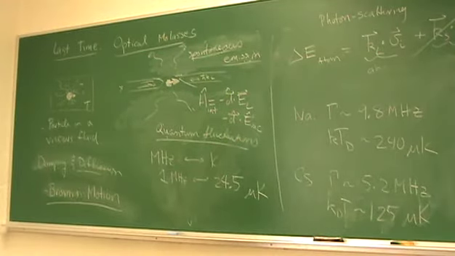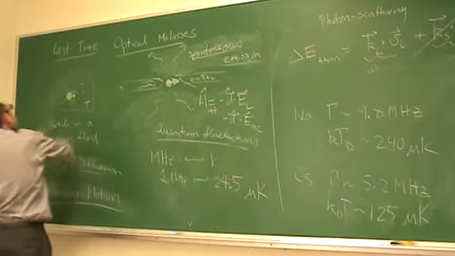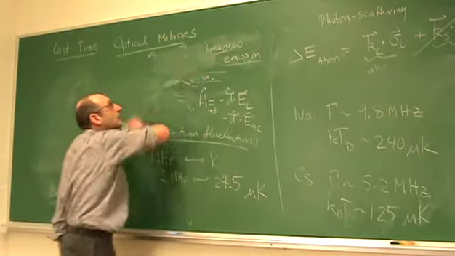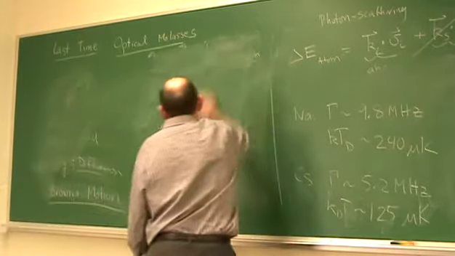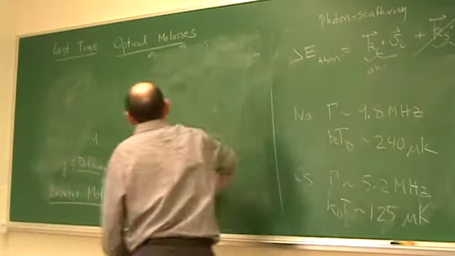It means we want a restoring force, not just a damping force, but a restoring force that pushes the atoms in position to whatever the equilibrium point is, while we're cooling them. So the first thing that was thought about was radiation pressure traps.